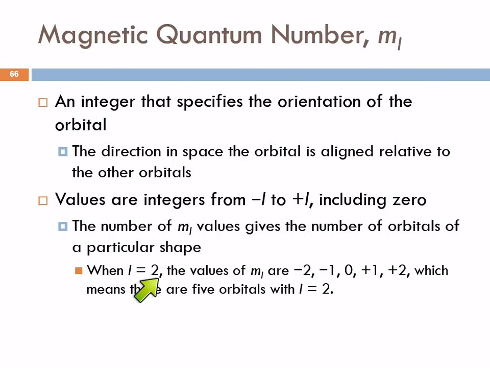So if L equals 2, M sub L can go from minus 2 to plus 2. And so we can have minus 2, minus 1, 0, plus 1, and plus 2. So that tells us there are 5 different orbitals with this quantum number L equals 2. 2 is P, the P orbitals. No. 2 is D. 2 is D. It's a lot to get into your head.